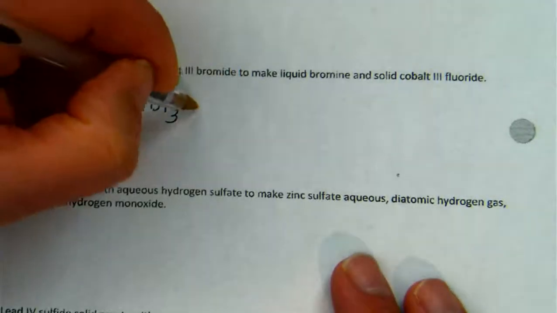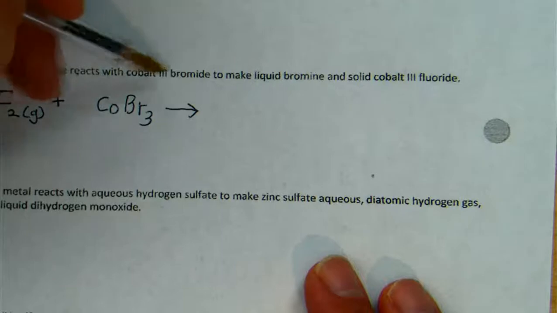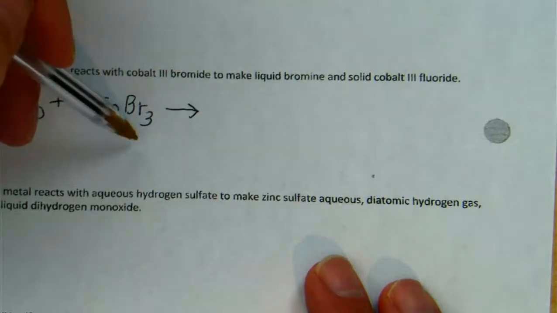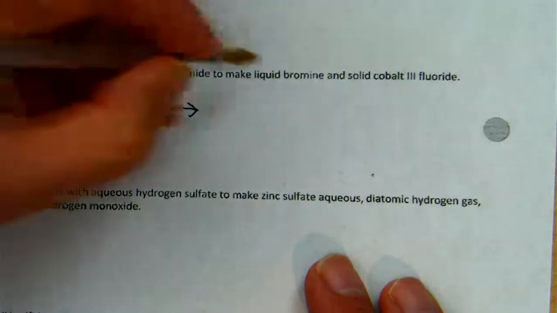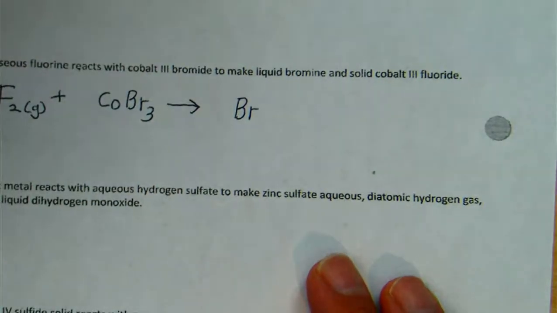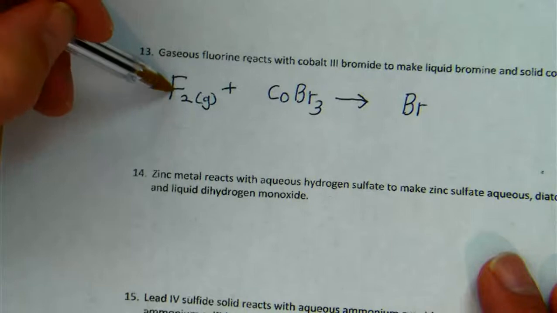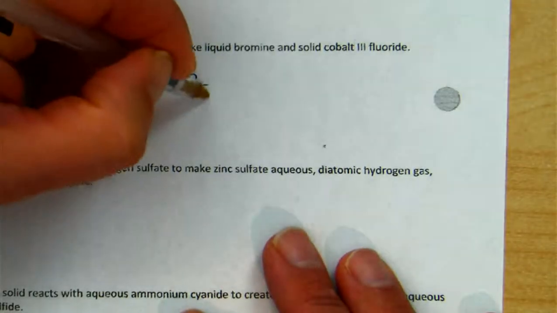To make is an arrow pointing to the right. And by the way, it doesn't even say if it's solid, liquid, or gas, so don't write anything. Let's just skip it. To make liquid bromine, all right, so Br is another one of the 7 diatomic elements. It's got to have a subscript 2.